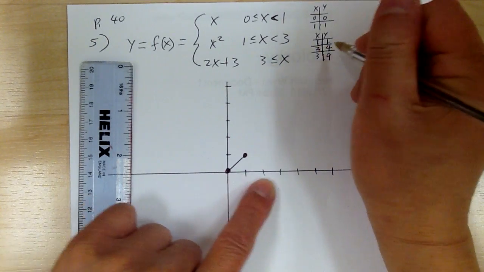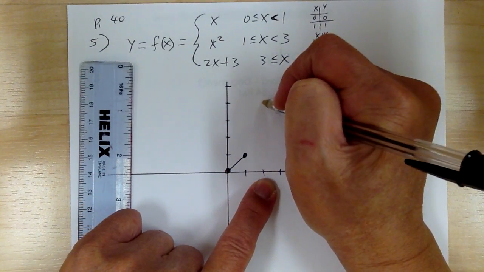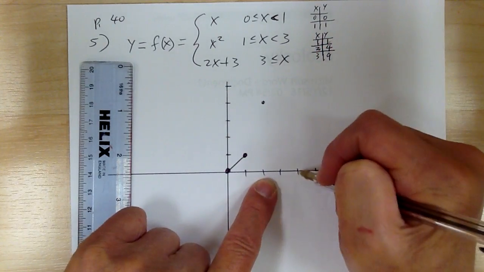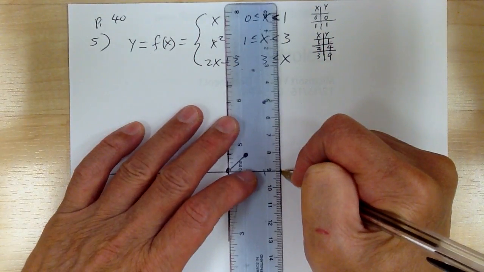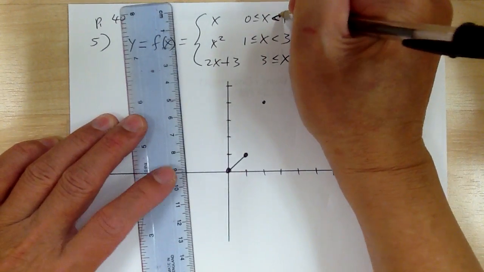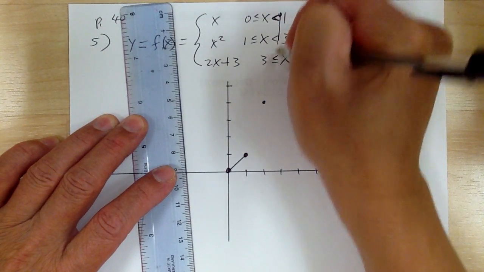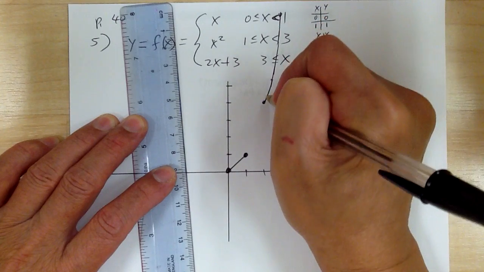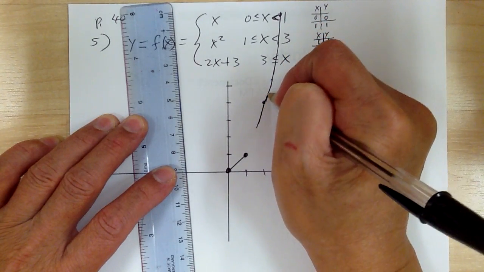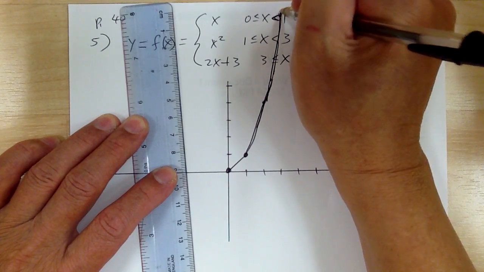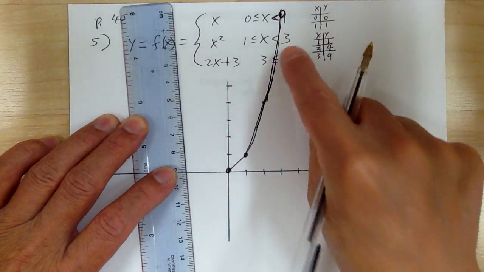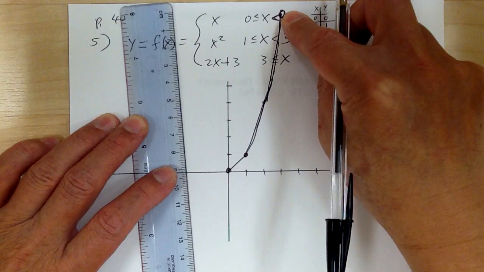Now, when x equal to 2, you get 4. So you're going to get this one right over here. When it's equal to 3, you're going to get 9. So it's way up here. So this is a parabola. Okay, so it's kind of like this. And again, there's going to be an open circle right over here, right?